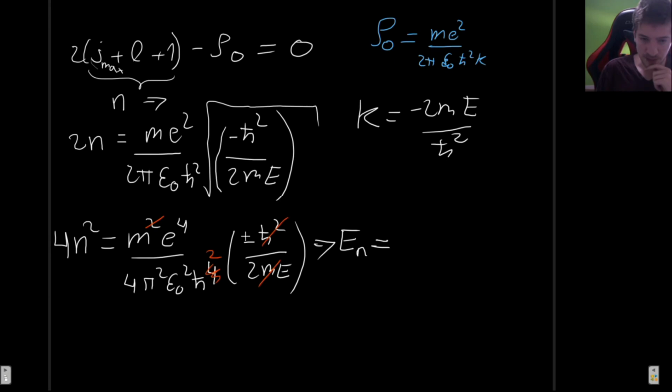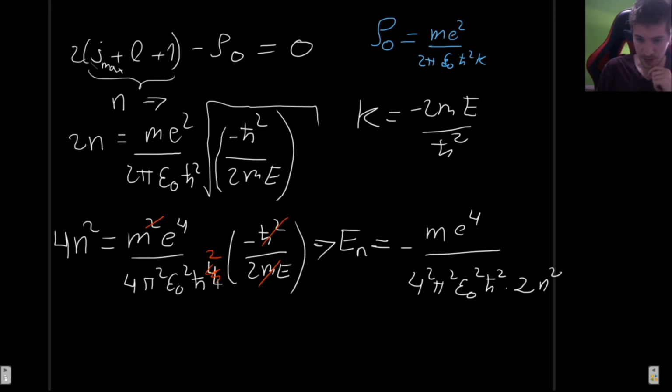So what we have still in the numerator, we have minus m e to the 4th power, and then we have 4 squared pi squared epsilon 0 squared h bar squared times 2, right? Let me see. You have the minus sign, the m, the e to the 4th, 4 squared because of this one right here. Oh, I'm missing the n squared. Quite important. Okay. Everything else is in there, right?